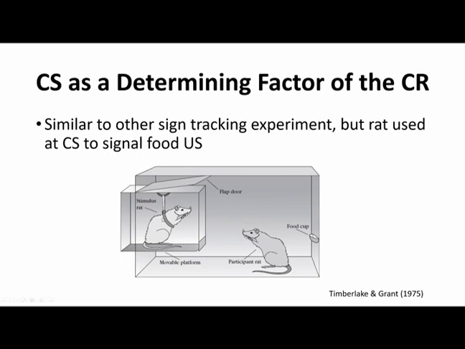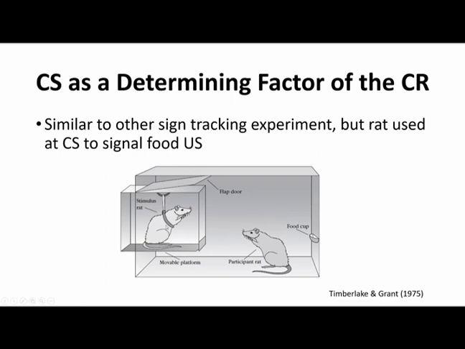Another example that the textbook uses is this weird setup. So it's similar to what we've seen for sign tracking experiments. And here what they did was they used another rat as a conditioned stimulus to signal the unconditioned stimulus of food. So we have our sign tracking setup here where there's a food cup. That's where the unconditioned stimulus would be delivered.